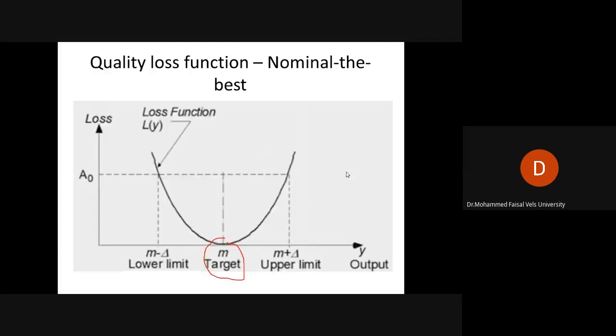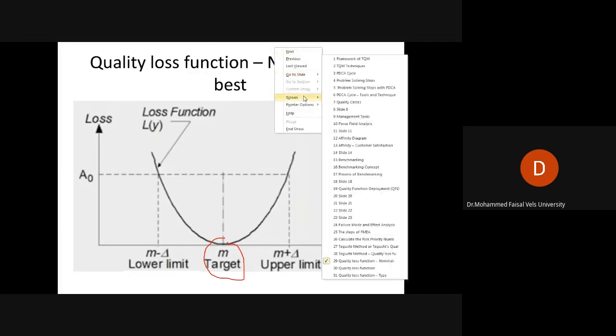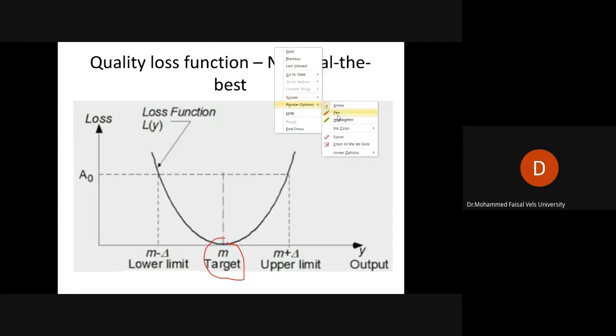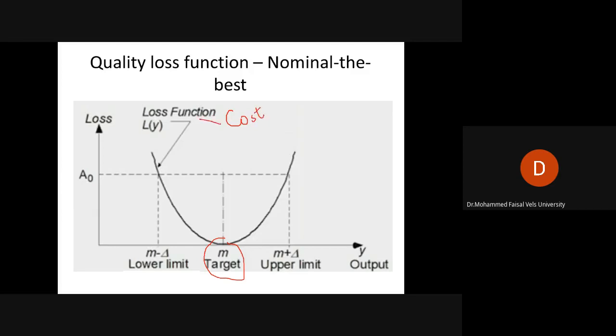Then we have L as the loss function, mostly in terms of cost. Cost is one of the important things. And the output, or sometimes Y, is mentioned in terms of a characteristic, such as density, weight, or whatever characteristic is mentioned for the quality of the product.